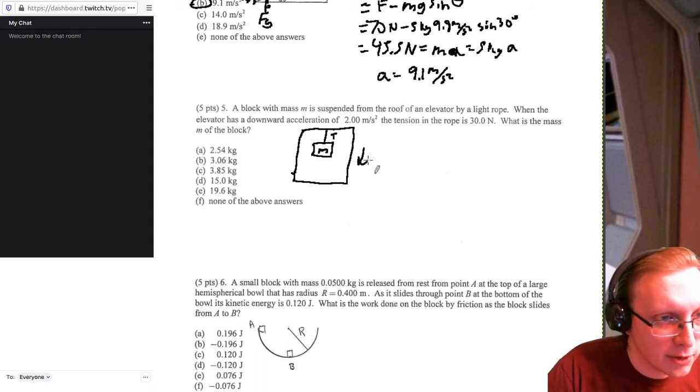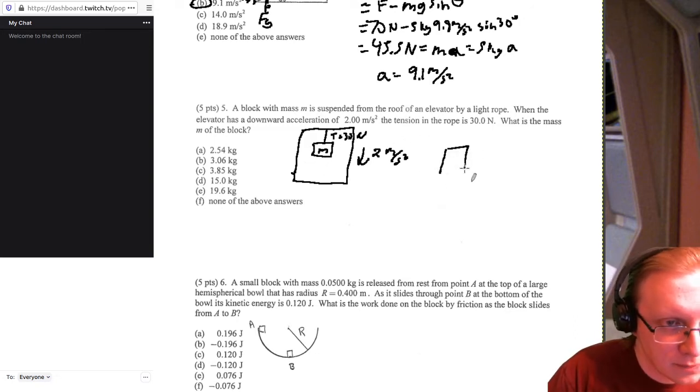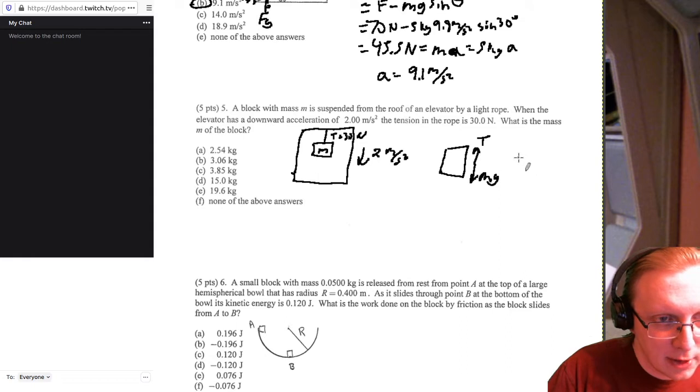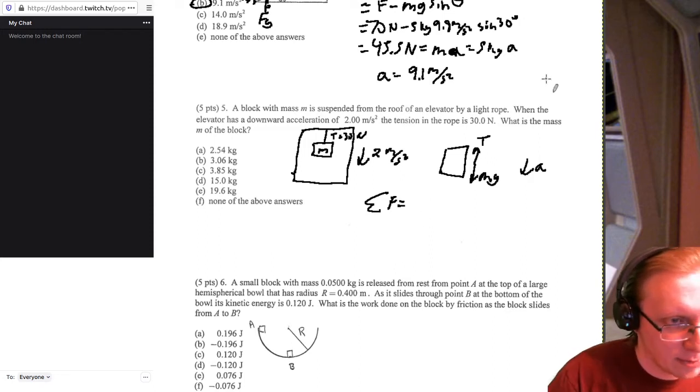Okay, so everything is going down with an acceleration of 2 meters per second squared. Tension is 30 newtons. On this mass here, we have mg pulling down, we have T pulling up, and overall we're going down with acceleration a. We're going to go down with positive.